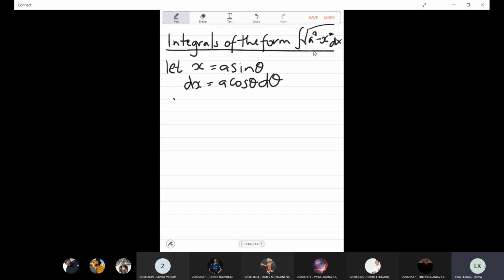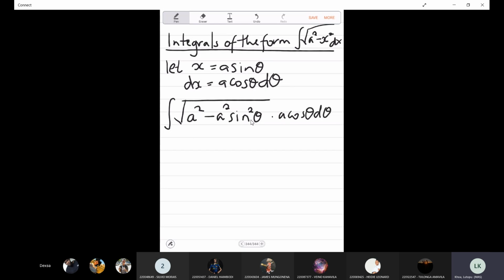We have the integral of the square root of a squared minus x squared. We square this, we get a squared sine squared theta, and then for dx we have a cos theta d theta, so times a cos theta d theta.